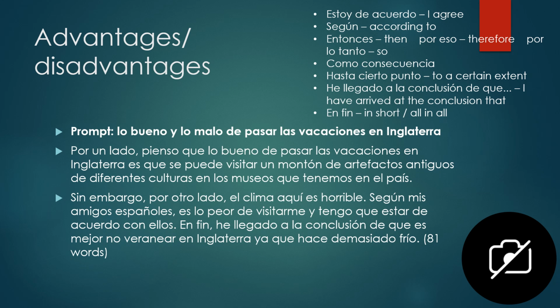Y tengo que, I have to, estar de acuerdo, I have to agree with them. Then, en fin, in short, he llegado a la conclusión de que, no, sorry, I've corrected it there, but not on the original slide. So, la conclusión de que es mejor no veranear en Inglaterra, ya que hace demasiado frío. So I said, in short, I've arrived at the conclusion that it's better not to spend the summer in England.